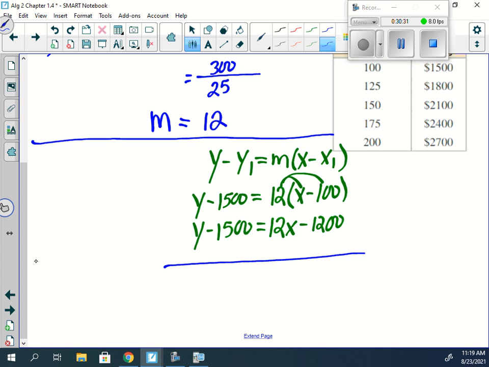Almost. Minus, but plus 1,500. Yes, because these will cancel, giving us that y is equal to 12x plus 300.